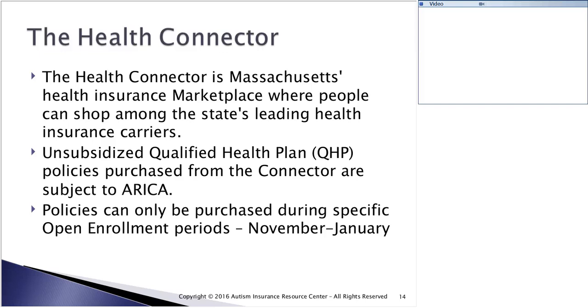If the parents have an employer plan, the child who's 23 could stay on that because they're under 26, and if they're disabled, they could stay on that over 26. The family can also buy an unsubsidized qualified health plan for that child from the Connector. I'm going to be talking about how people sometimes utilize premium assistance for subsidies, but those also are not for people over 21.